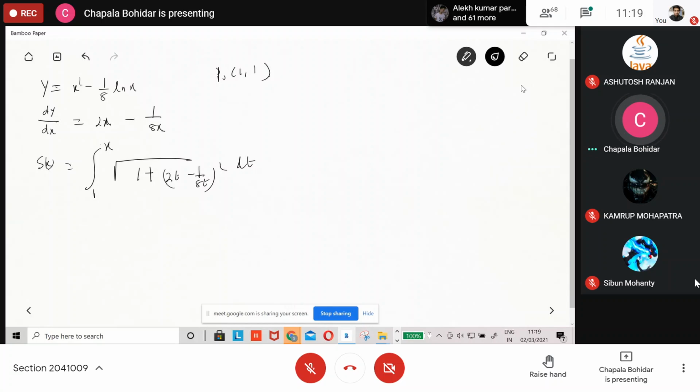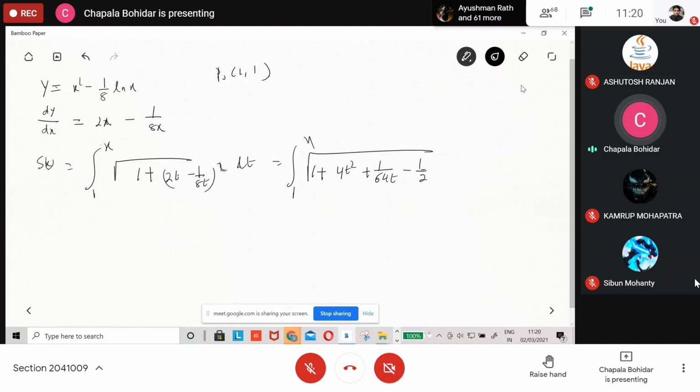So now what you get is the whole square. Write down: integral from 1 to x root over of 1 plus 4t square plus 1 by 64t square minus 2 dt. The 2 and the 2 cancel out.